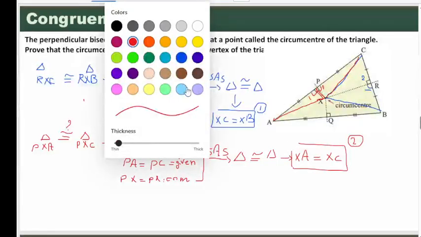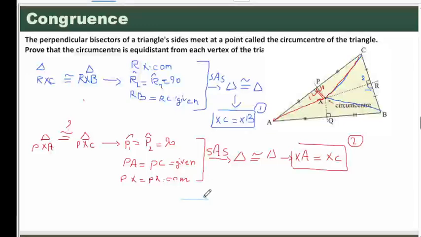So from step one and step two, I could prove XC equals XA, and XC from step 1 equals XB, so XA equals XB. So I could prove X has the same distance from all the vertices: vertex A, vertex C, and vertex B.